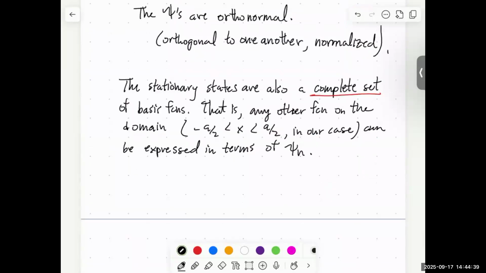Explicitly, I could take any function f of x and write it as the sum from n equals 1 to infinity of Cn psi n of x.